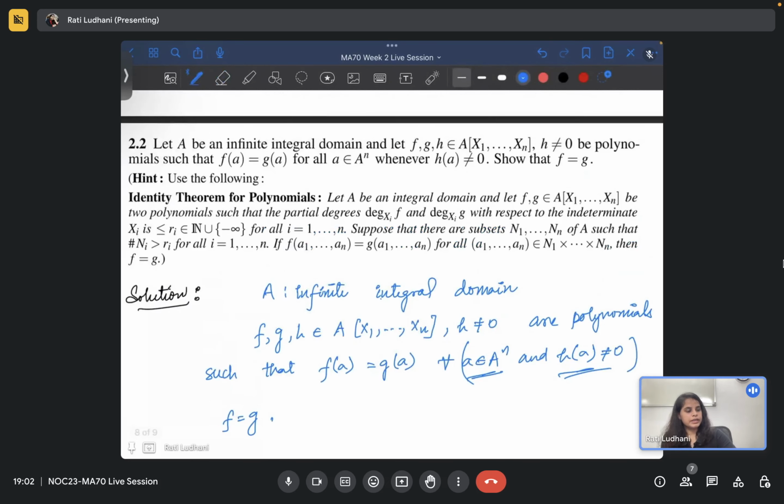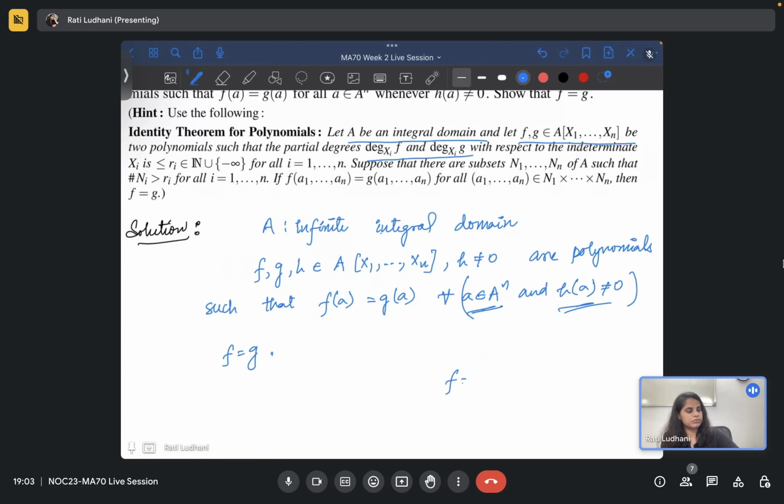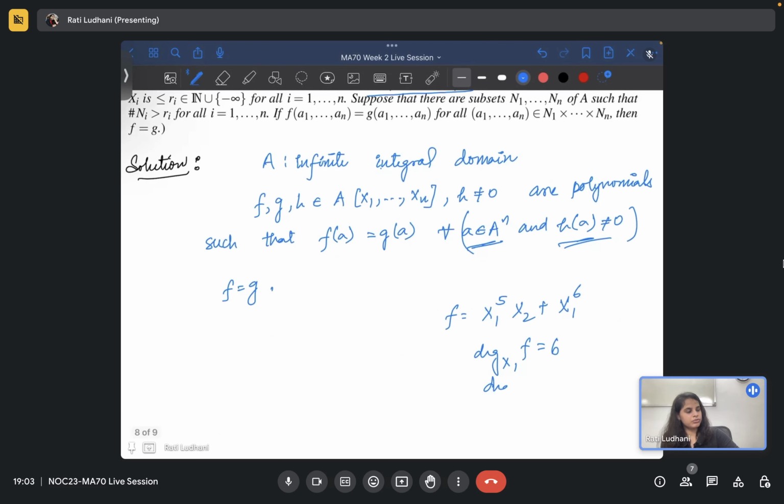So let A be an integral domain, and f and g belong to A[x1 to xn], two polynomials such that their partial degrees, meaning you have some polynomial, let's say f is equal to x1 raised to power 5, something like this, then degree of x1 in f is equal to 6 and degree of x2 of f is equal to 1.